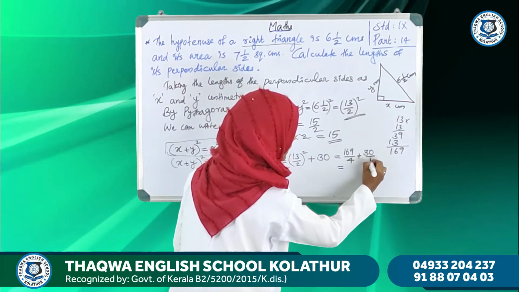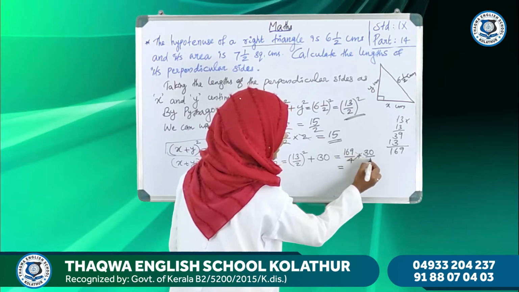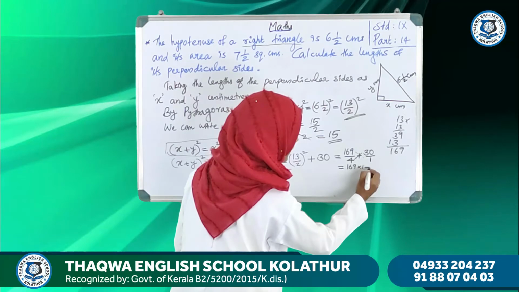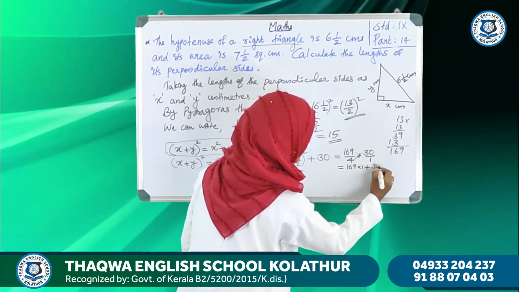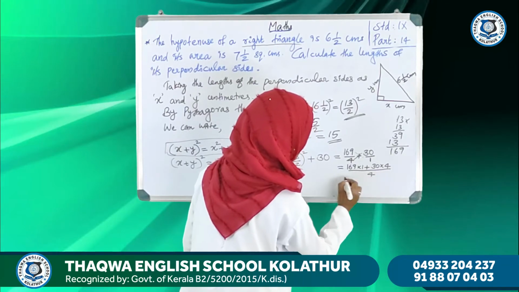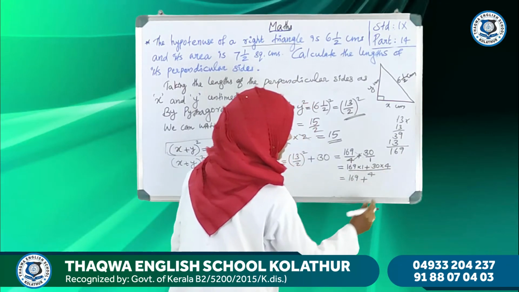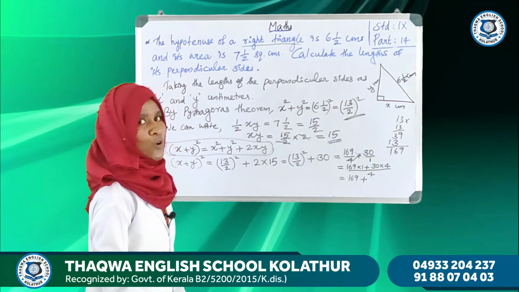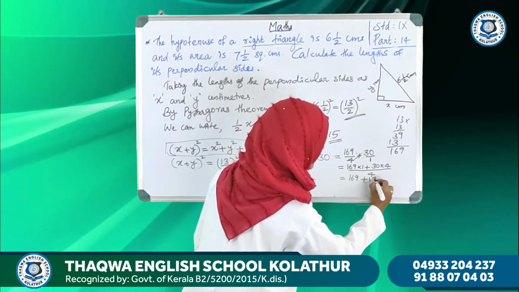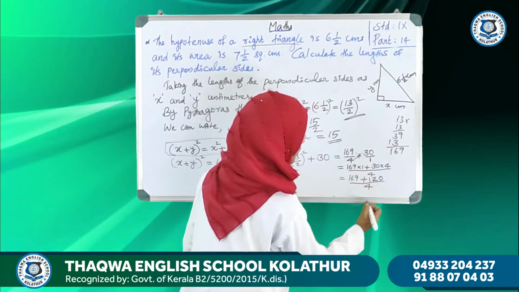Now here 30 by 1. Let us cross multiply. 169 into 1 plus here 30 into 4 by 4. That is 169 plus 30 into 4, 120 divided by 4.